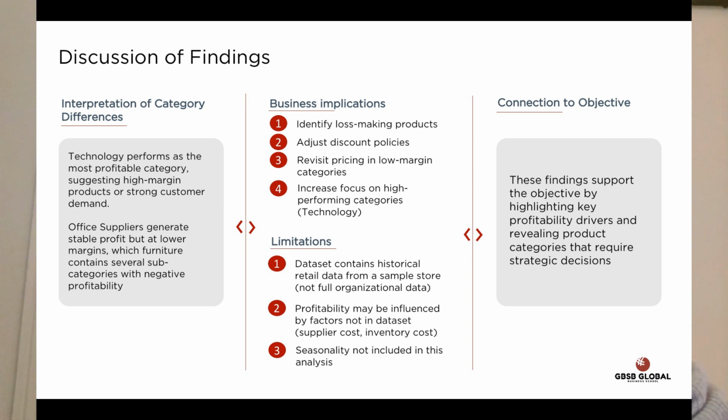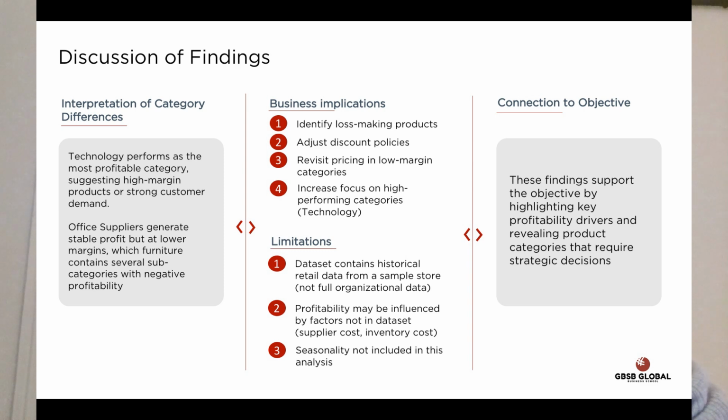In terms of interpretation, the results show that technology items drive strong profitability, likely due to higher margin or higher customer demand. Office supplies perform well, but at a lower margin, which is acceptable due to a lower product price. Furniture stands out as the weakest category, with some subcategories such as tables generating losses.